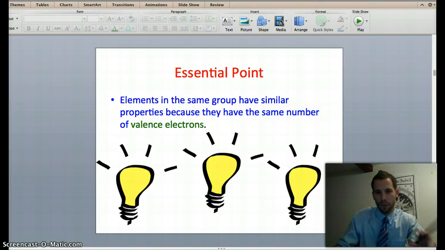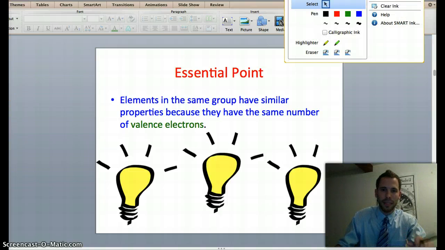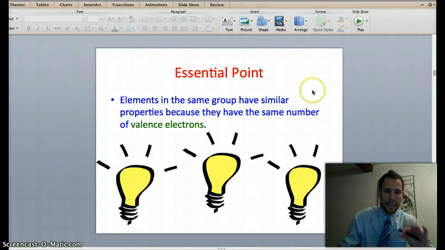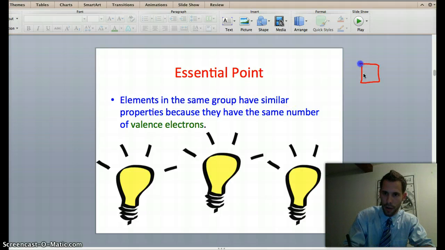The main essential point for the day is that elements in the same group have similar properties because they have the exact same number of valence electrons. So if you look at the second group on the periodic table, you'll see that you have beryllium, magnesium, calcium, all directly on top of one another. Each one of these has the exact same number of valence electrons because they're in the same group.